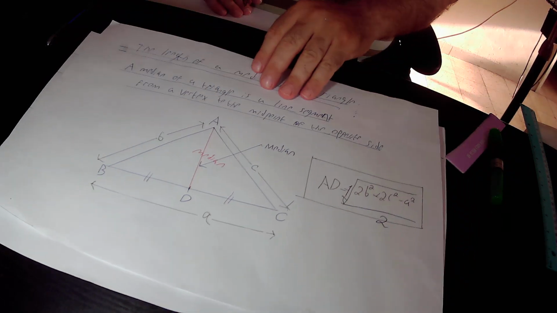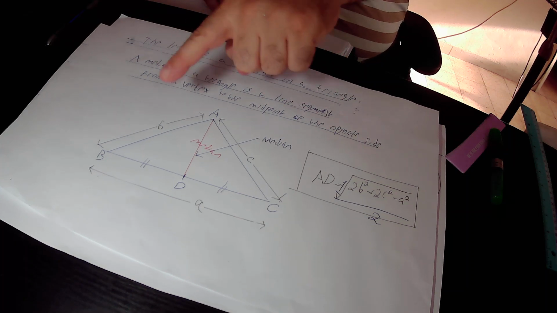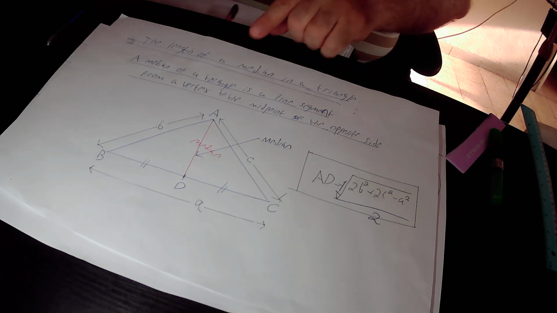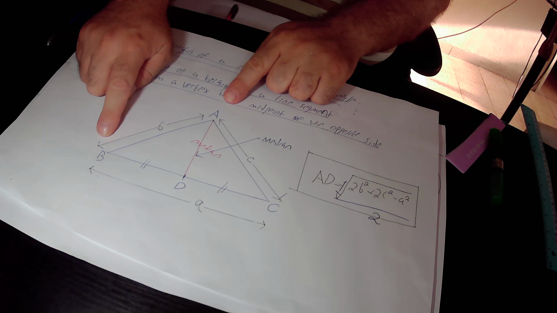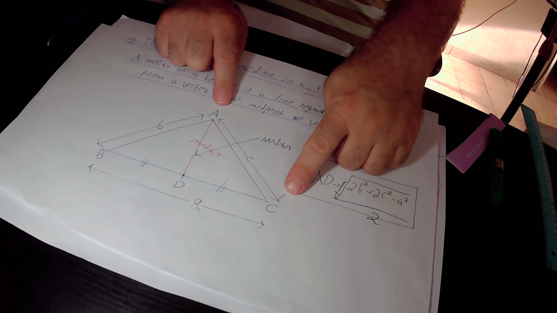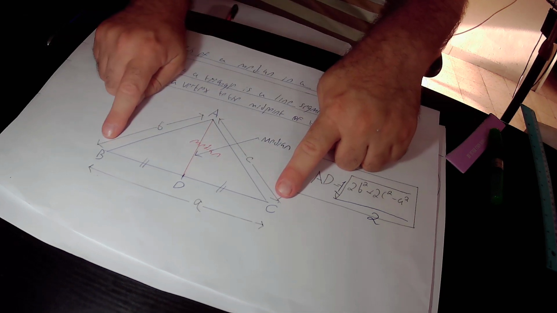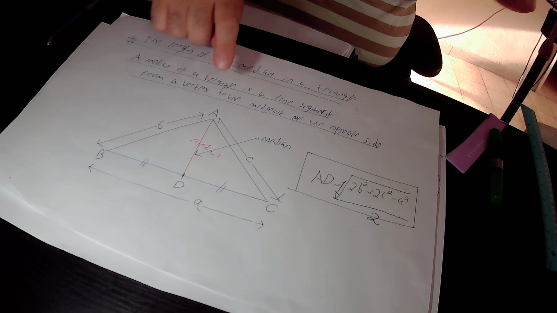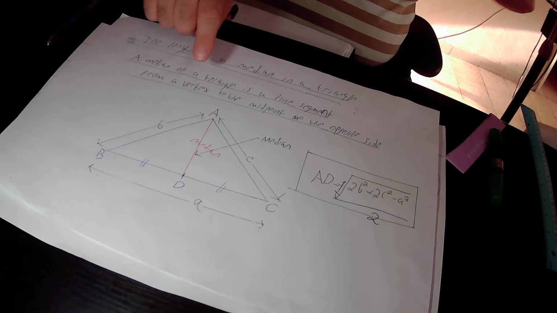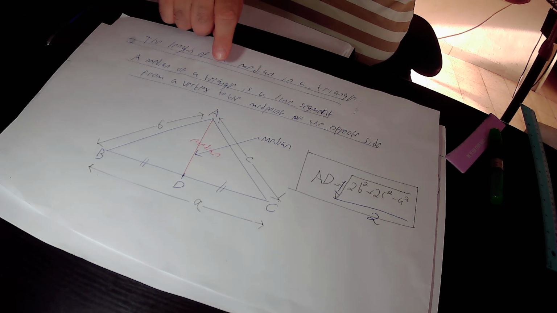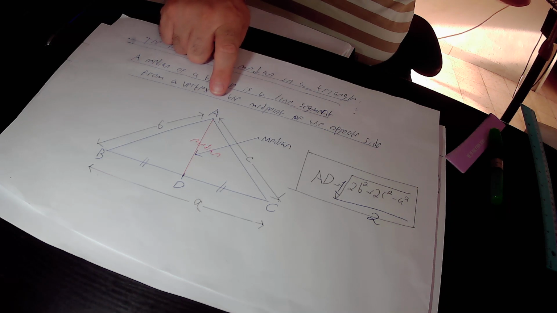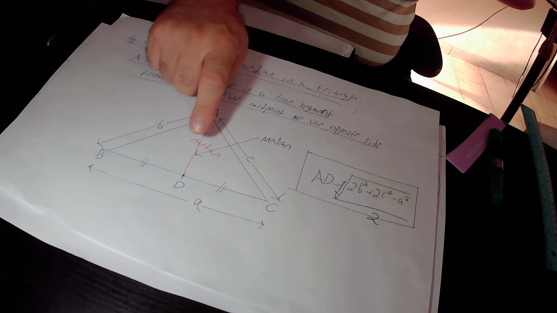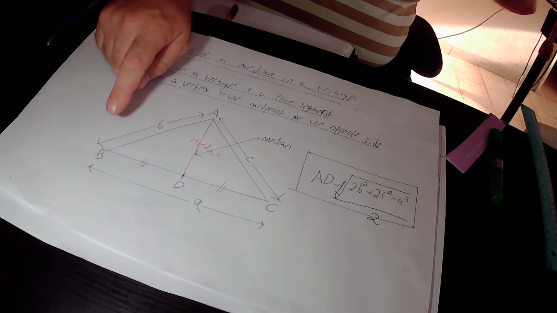In the drawing we have triangle ABC. This is side AB equals c units in its length. This is side AC equals b units in its length. This is side BC, that equals a units in its length. AD is the median of this triangle ABC, because it starts from the vertex A and ends at point D, that is the midpoint of BC.